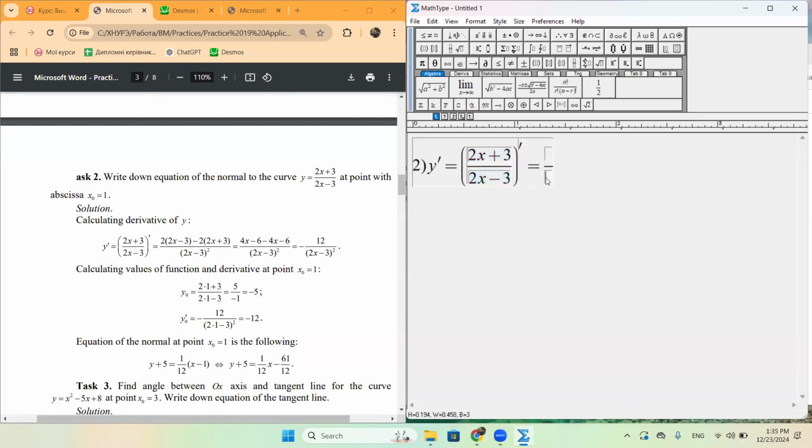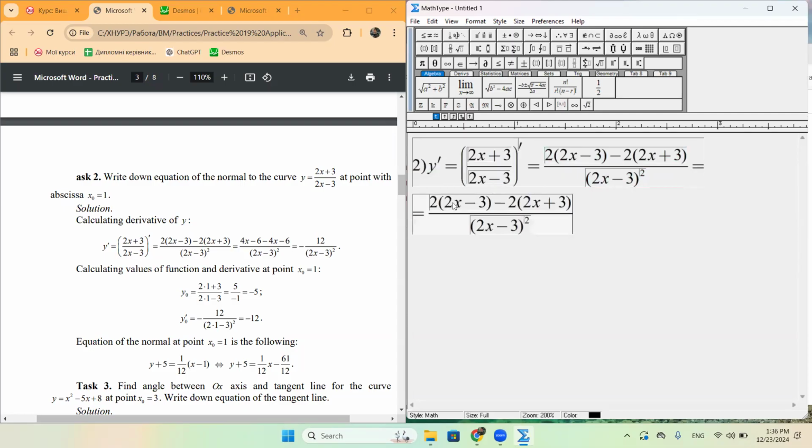Doing the next step, this will be in power of 2, and now calculating the numerator: 2 by 2x minus 3 minus 2 multiplied by 2x plus 3. Now expanding brackets and simplifying what we can simplify.